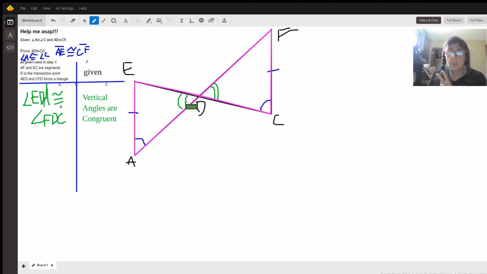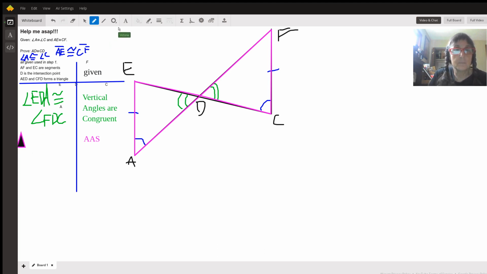We can start with the 2 green arcs, angle, go to the blue, angle, side, angle, angle, side. So now we can say that we have proven those triangles congruent by angle, angle, side triangle congruence. Okay, and we're going to name those triangles.